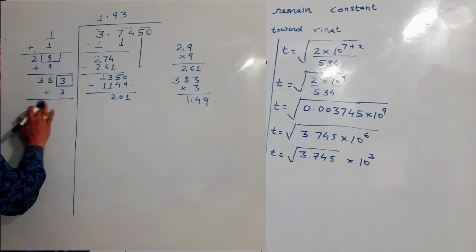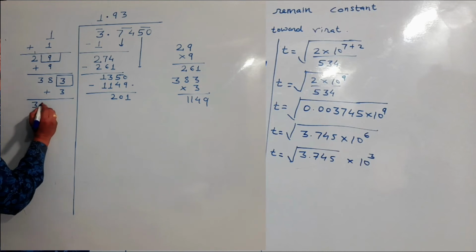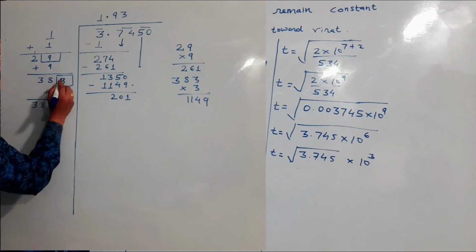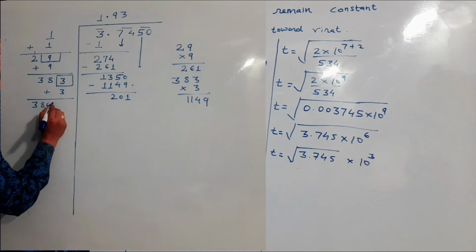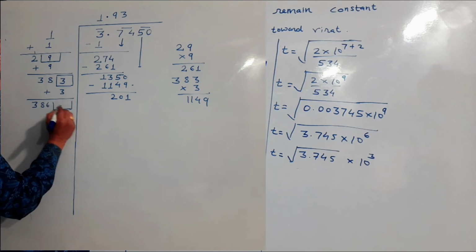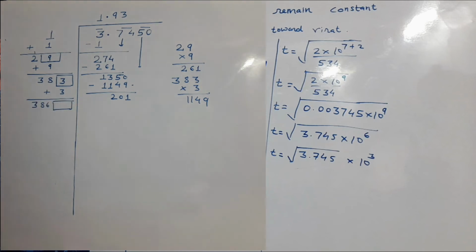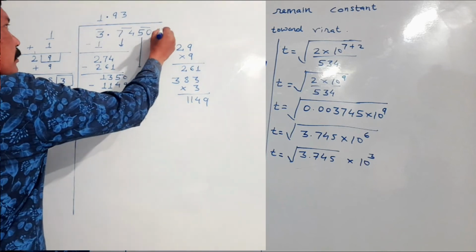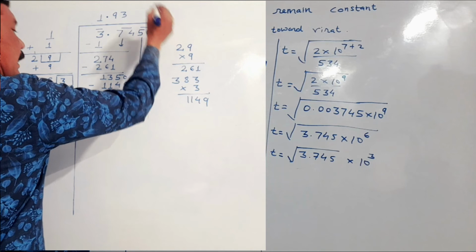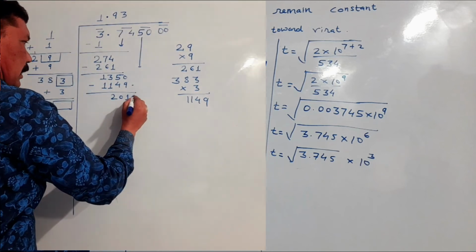So my dear student, we will get 3, 8, 3 plus 3, 6. Again we have to find here a number so that the whole number can be multiplied with the same number to get a value. Now here we can take 1, 2, 0 as a pair and bring here down.